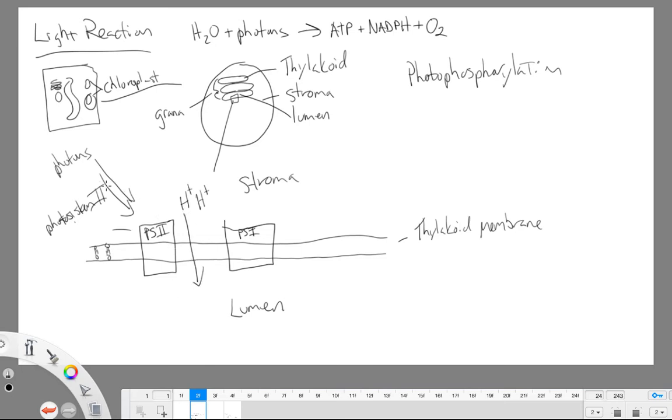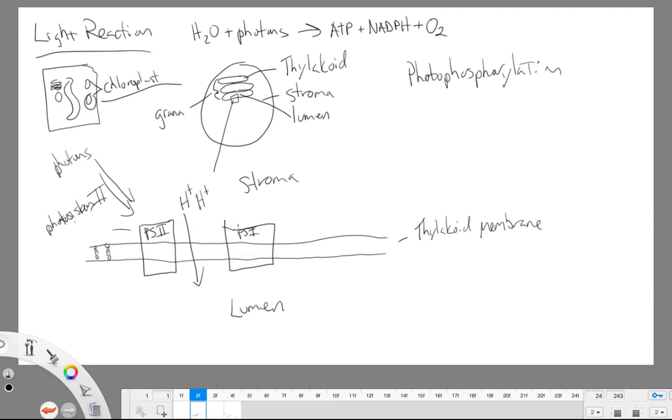Right? So photons are shining down on our photosystem. It is exciting the electrons in the chlorophyll. That electron then bounces over to this other molecule, pheophytin. When it bounces over, that creates energy, and that energy pumps one of these hydrogen protons into the lumen. So this electron bounces from molecule to molecule through photosystem 2.